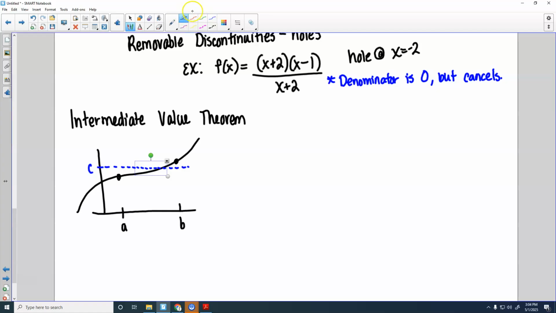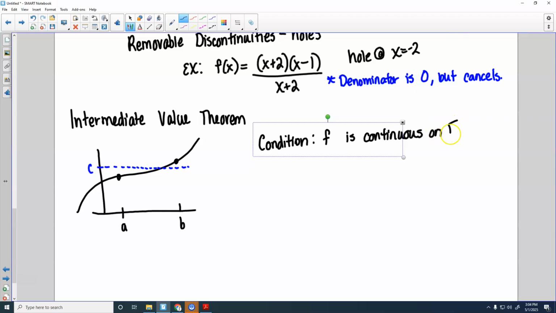What's your condition for the intermediate value theorem? F is continuous on A to B. So if you see it on free response, you've got to say that F is continuous. And then the value, actually, it's going to be marked this way.